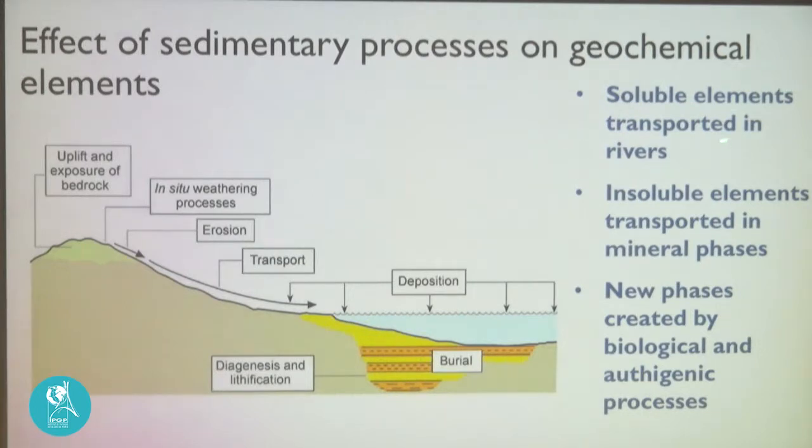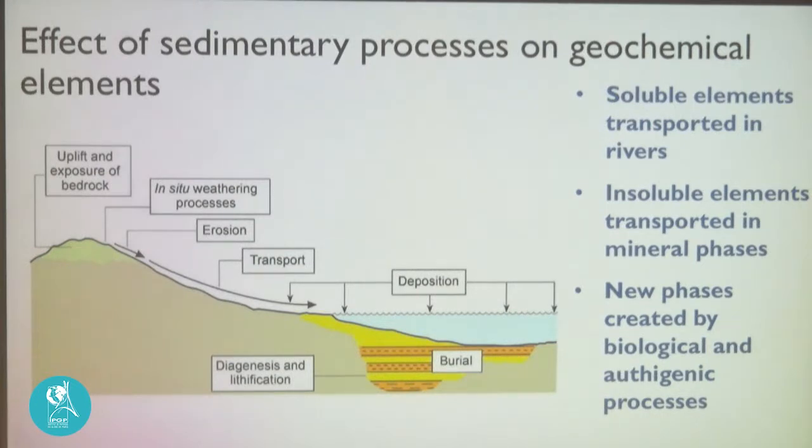The soluble elements are transported in the rivers, so they go in the water. The insoluble elements are transported in mineral phases, and they end up in sediments. New phases are also created by biology and authigenesis. So the end result is that what is in the sediment does not have the same composition as what was eroded.